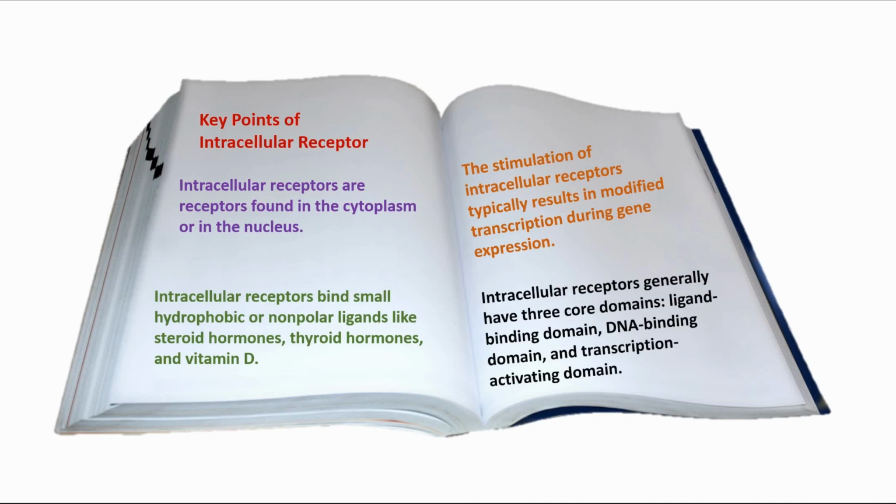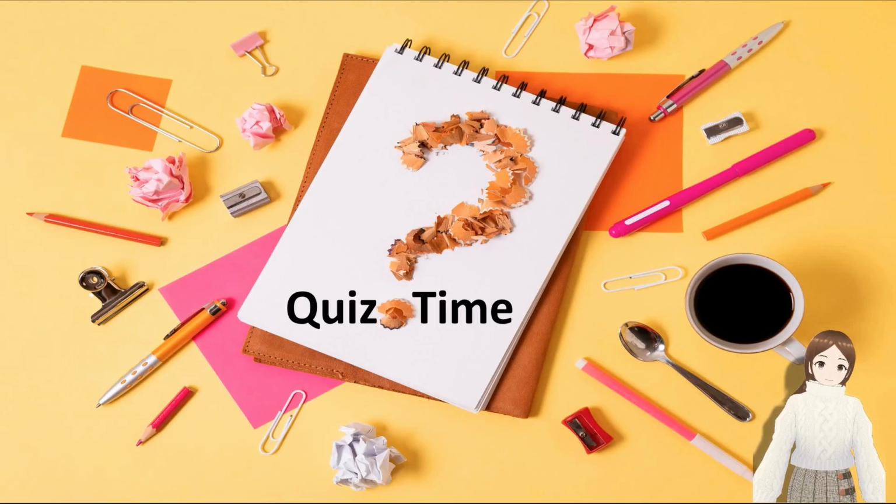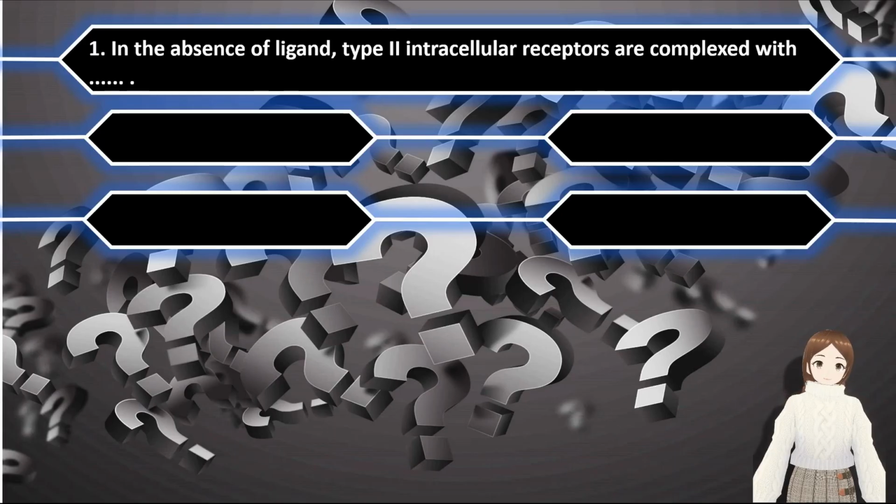And intracellular receptors generally have three core domains: ligand binding domain, DNA binding domain, and transcription activating domain. Are you ready? Let's start the quiz.